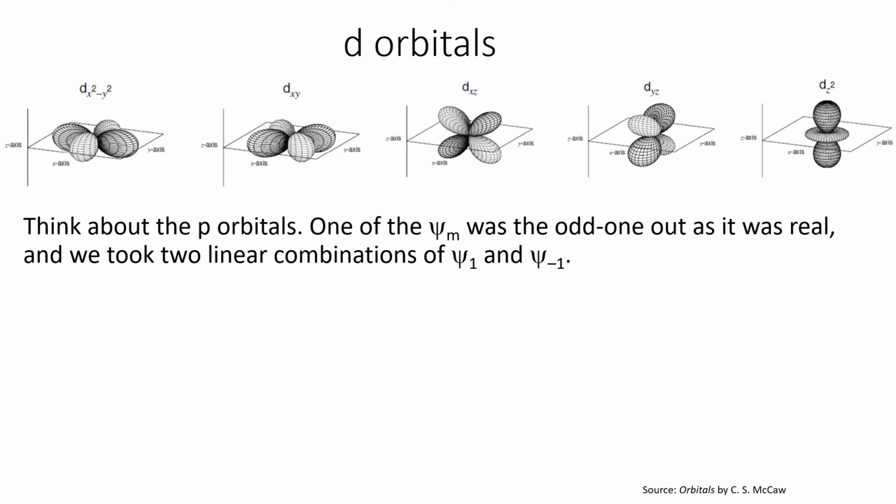Because all of the other orbitals seem to be based on 2 dumbbells. And so the dz squared definitely looks different to the others, because it's 1 dumbbell and a donut. So I suppose that odd one outness of it jumps out of the screen at you straight away. So it's not surprising perhaps that it's the one orbital that's real to begin with. That's the m equals 0 orbital. So that'll be L equals 2, m sub L equals 0, and this is the dz squared function straight away.